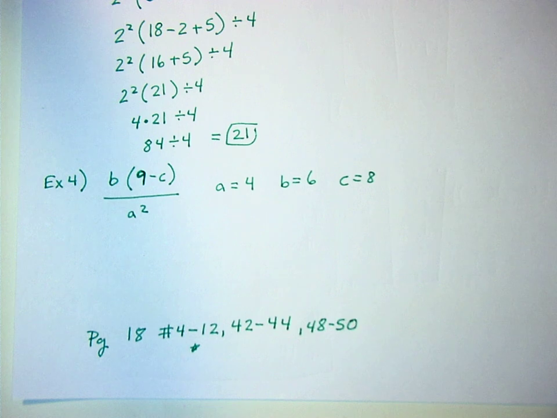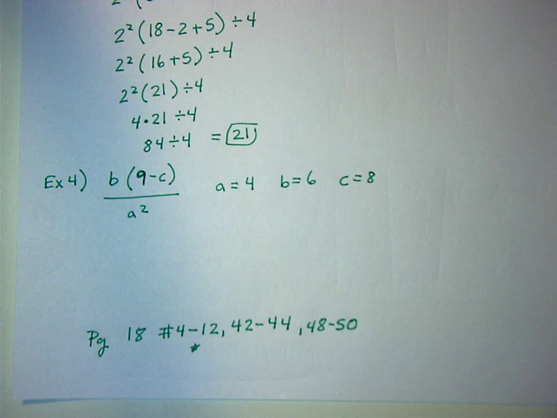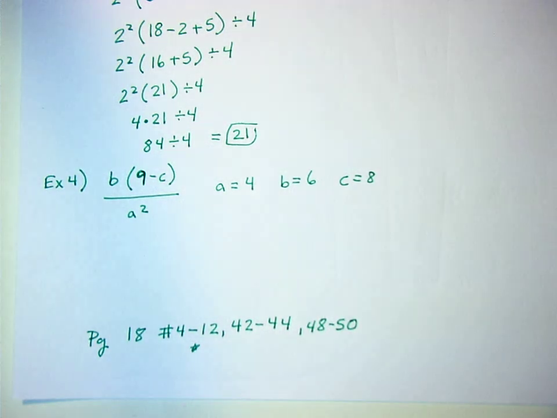So no dog language, no nothing like that. Human words is what we want for 4 through 12, and then 42 through 44 and 48 through 50 are very much like example 3 and example 4, where you plug stuff in and then simplify it as far as you can. Okay, guys?